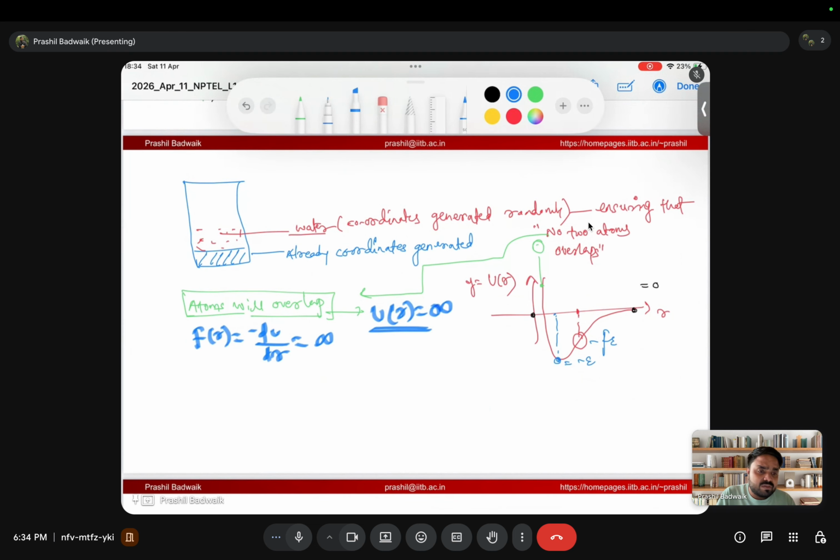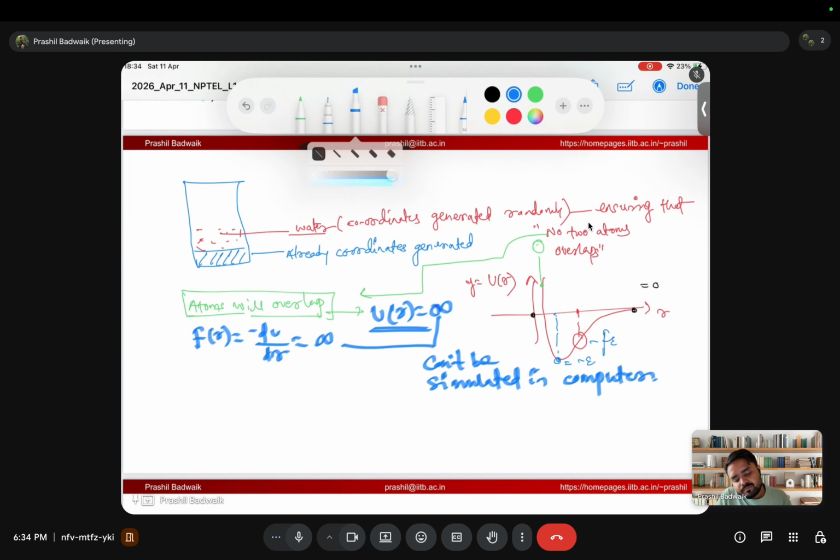That coordinate will also be a very high value, and it is something which cannot be simulated, because infinity cannot be simulated in a computer. Correct? So we have to ensure that.